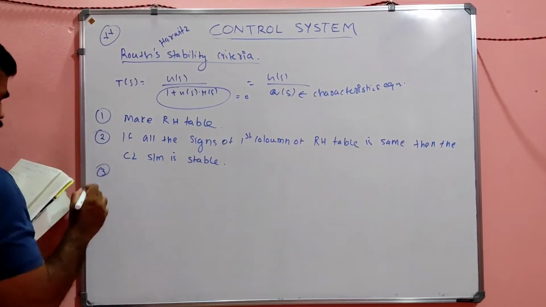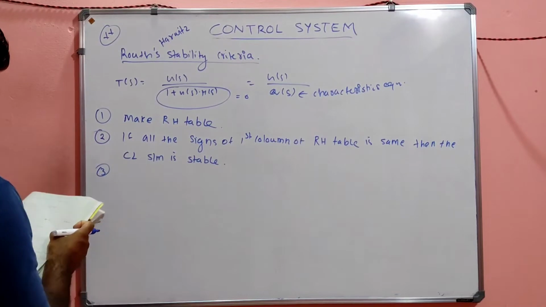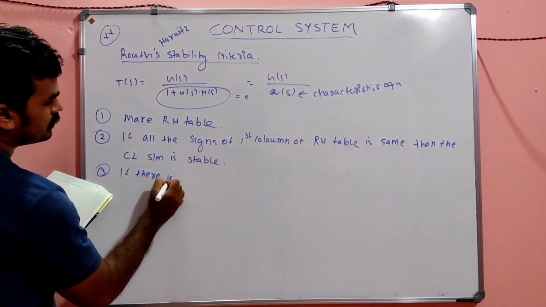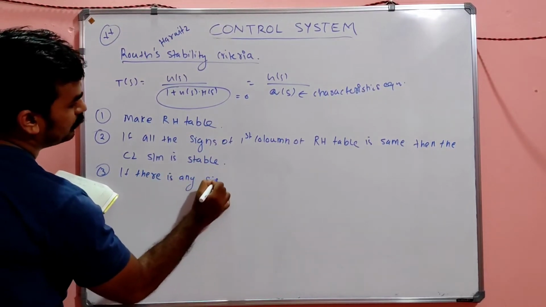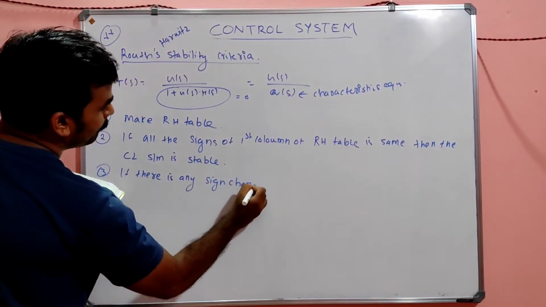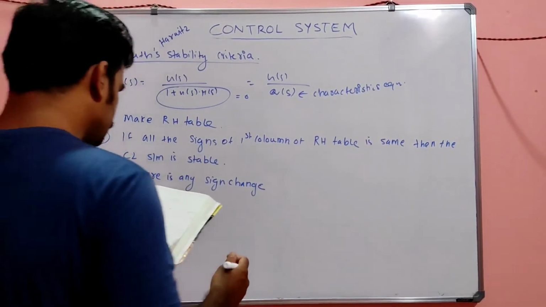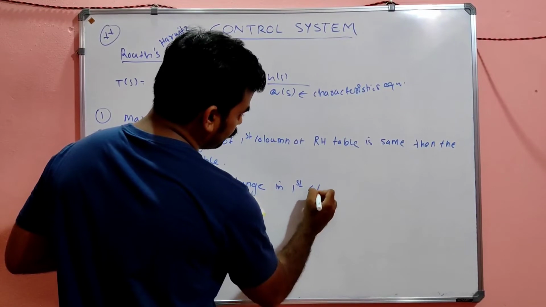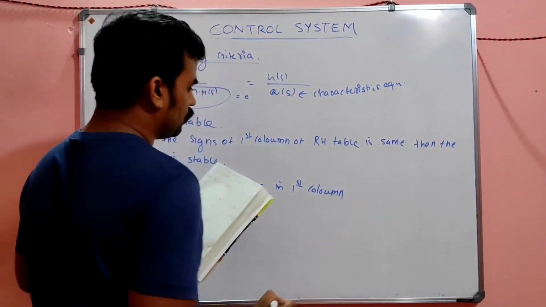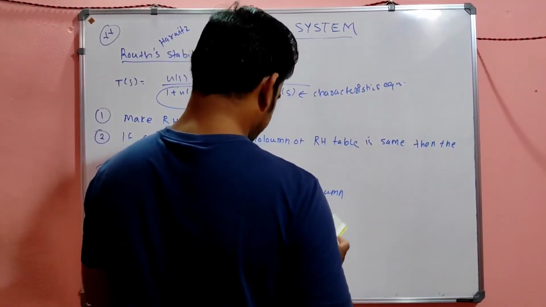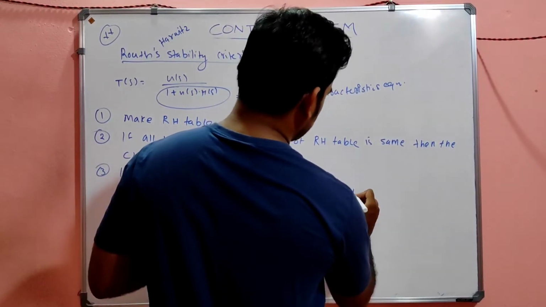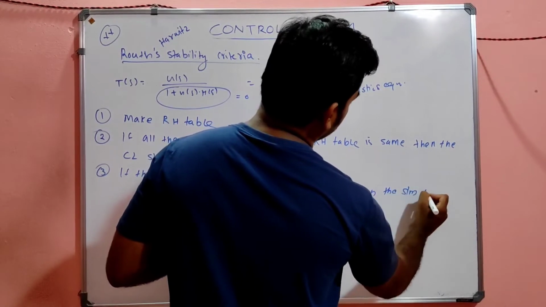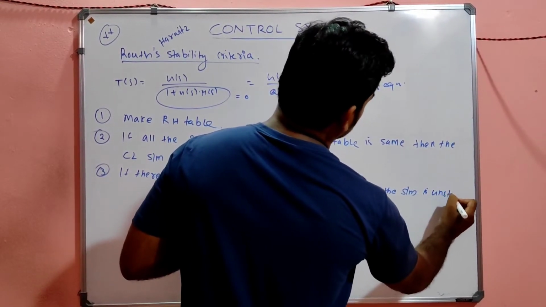If there is any sign change in the first column, then the system is unstable.